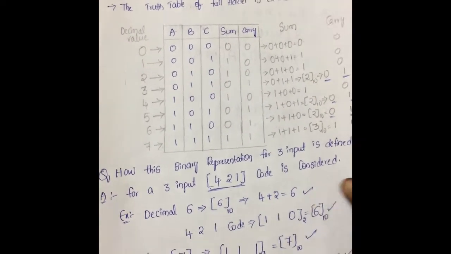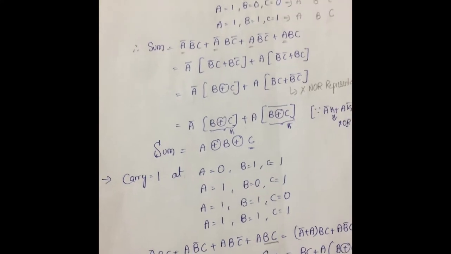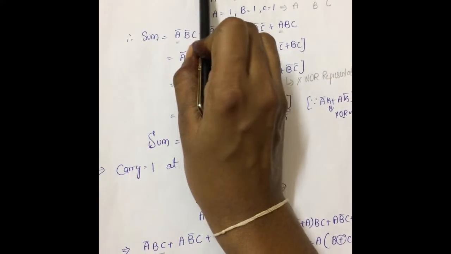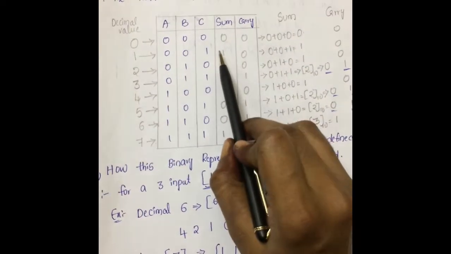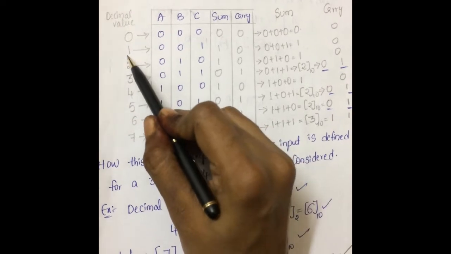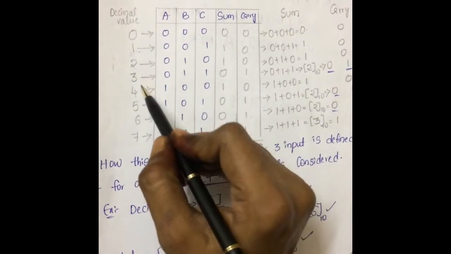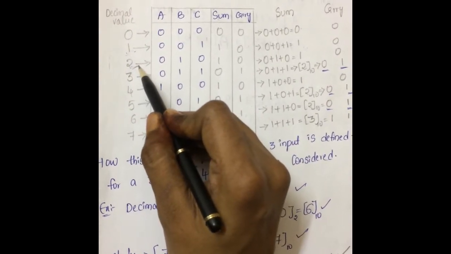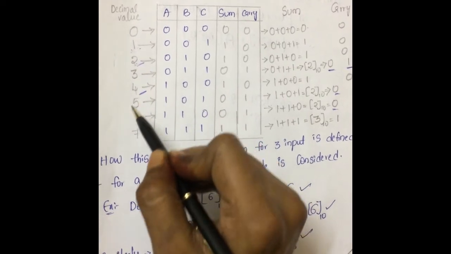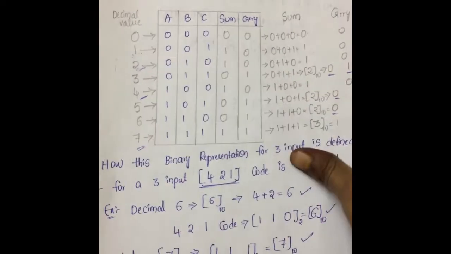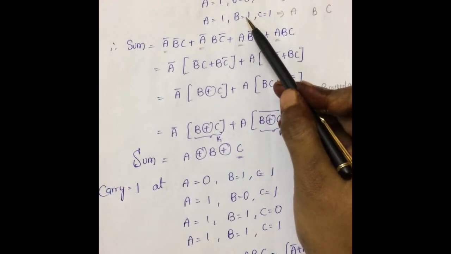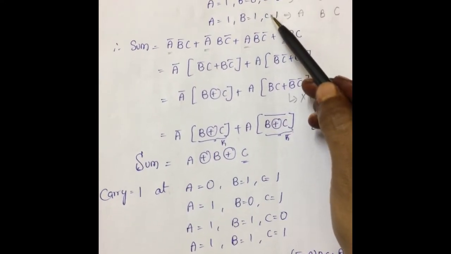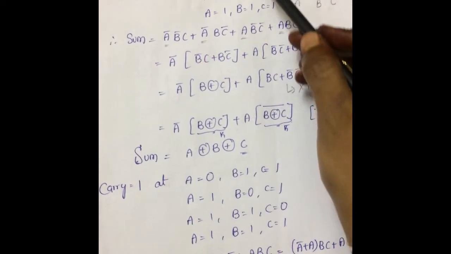Now let us see how the expression is written. So we have to see at what possible combinations the sum is 1. The sum is 1 at decimal value 1, decimal value 2, decimal value 4, and decimal value 7. Those four possible combinations where sum is 1 we have written.